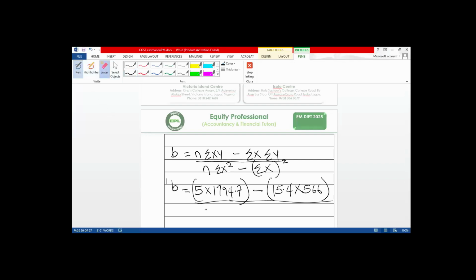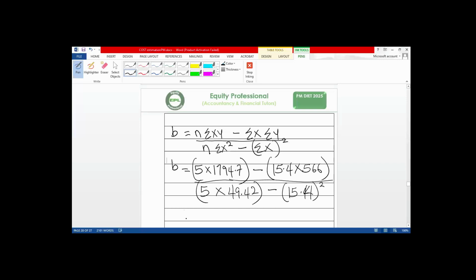I should be using 5 now. 5 multiplied by summation x squared, 49.42, minus 15.4 raised to power 2. Please work this out and give us the final answer. On your calculator, you should get 25.865.